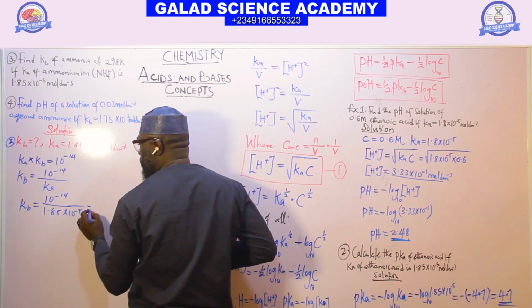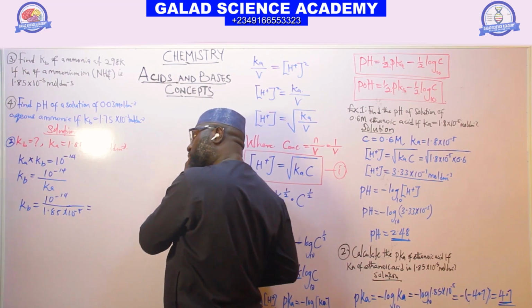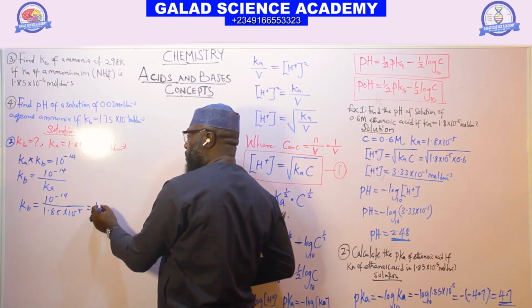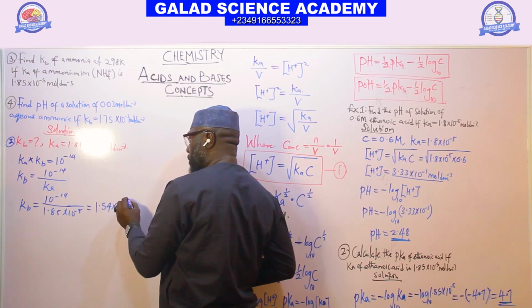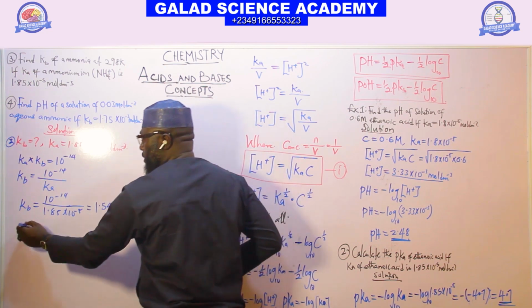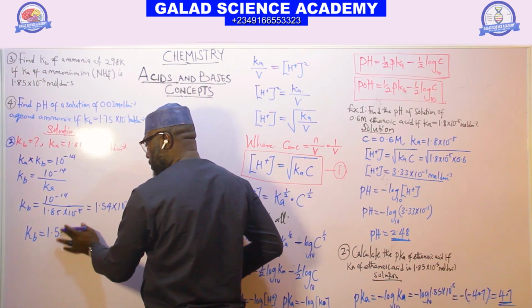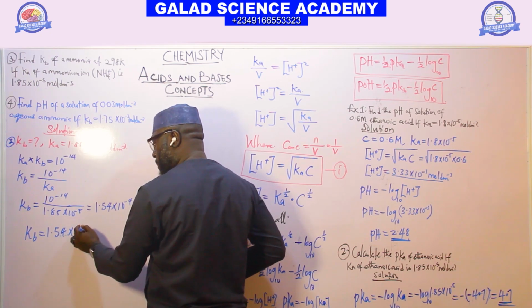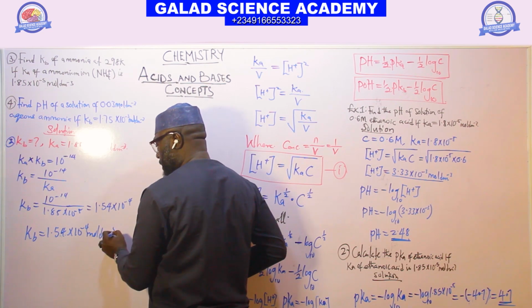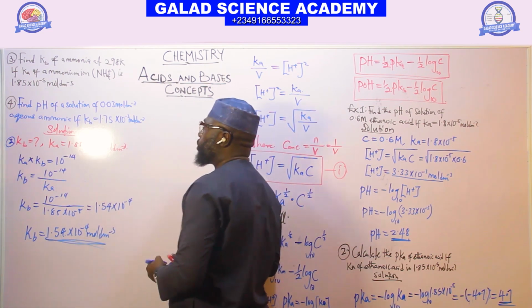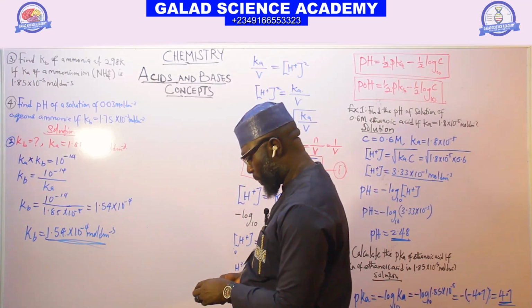If you continue this, it will give us 1.54 times 10 raised to the power minus 4. Therefore, Kb equals 1.54 times 10 raised to the power minus 4 mole per dm cube. That is the equilibrium constant for the base. So let me solve the second question.